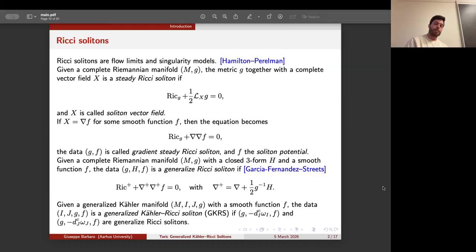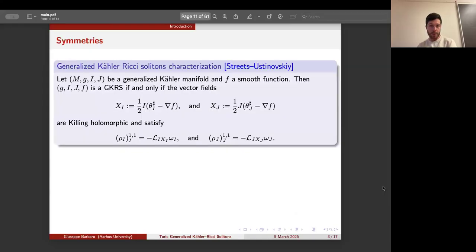Okay, now very interesting. These solitons, we have a characterization of them, and this is due to Jeffrey and Yuri. So they proved that if you have your generalized Kähler manifold and the soliton potential, then having a generalized Kähler-Ricci soliton is equivalent to the fact that you have these two vector fields.